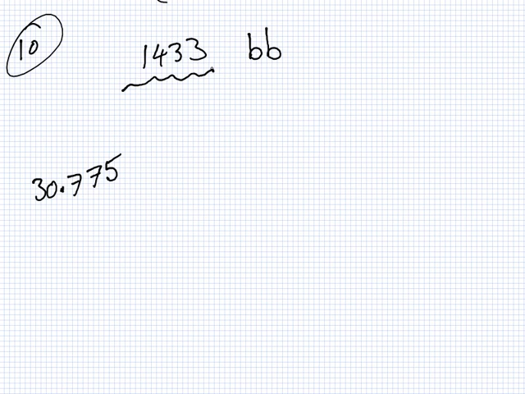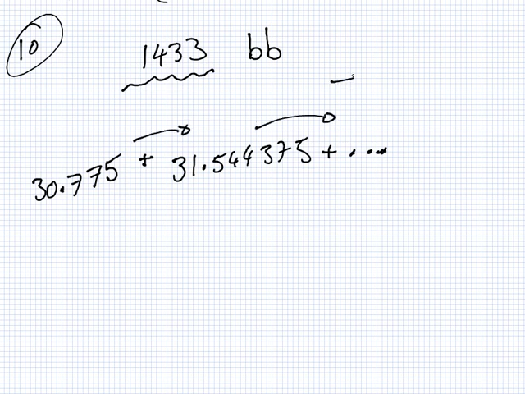We'll use more, exactly. The question says next year we'll use 31.544375, and next year we'll use even more. What's happening is each year we're increasing by 2.5%. So is this arithmetic or geometric?